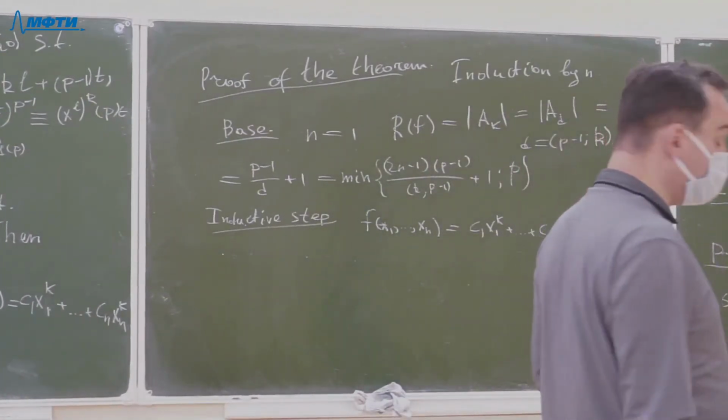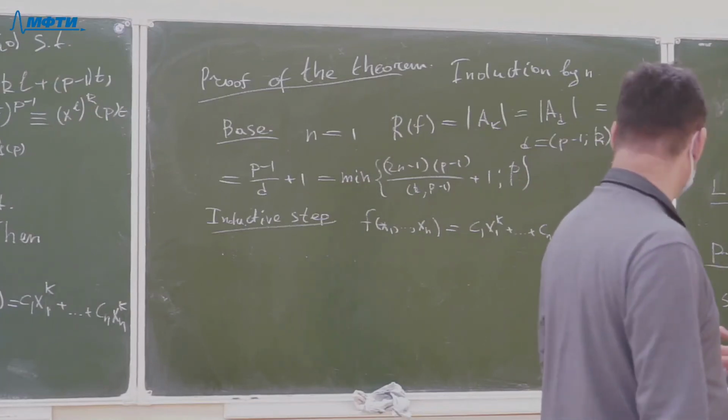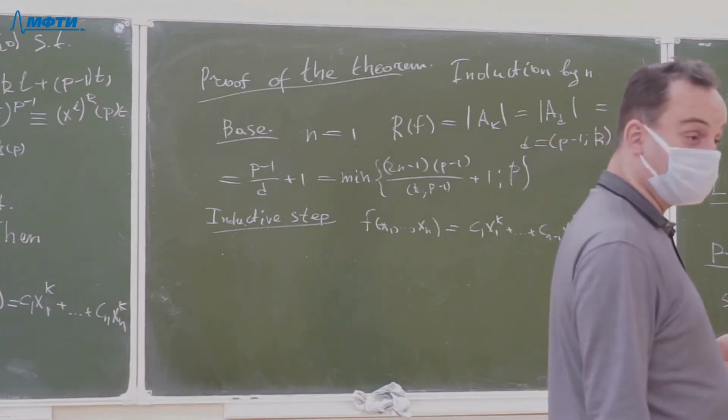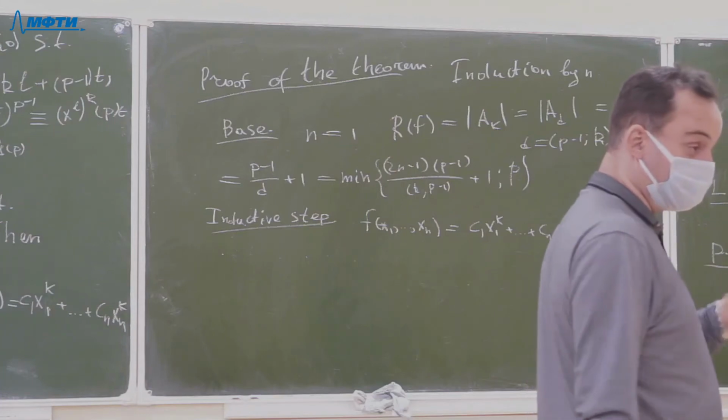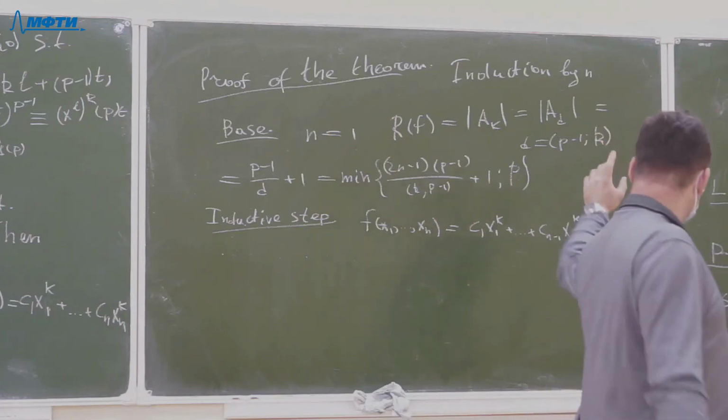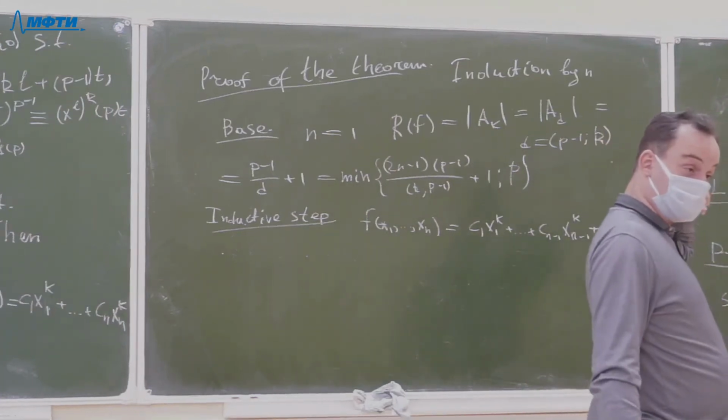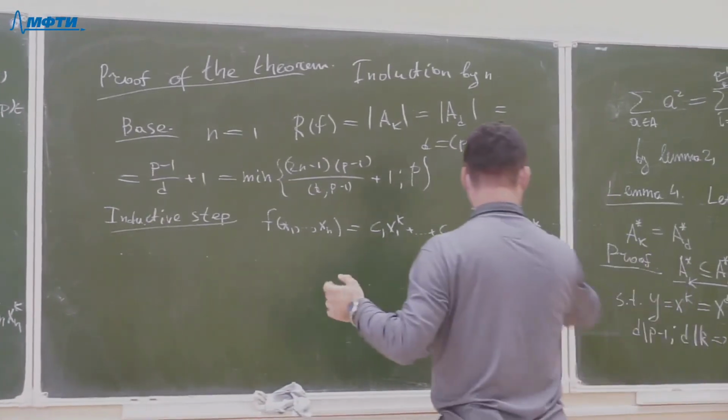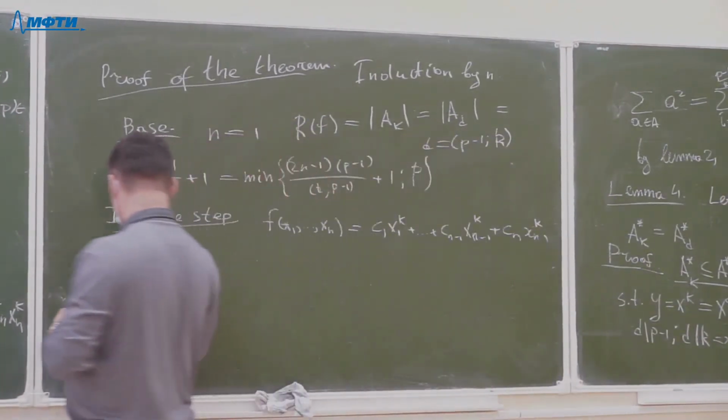If this form doesn't depend on xn, then nothing changes, right? We can just use the supposition of induction. If cn is not 0, this is something we have to prove.